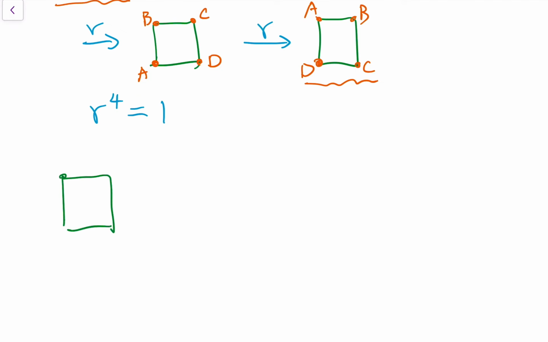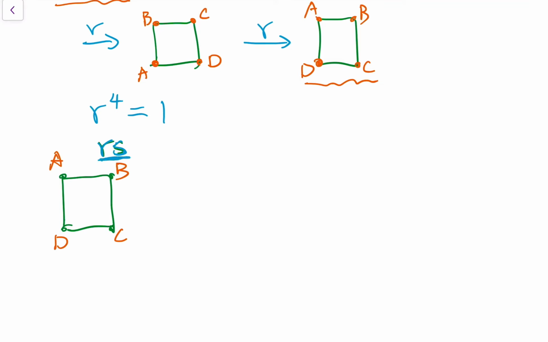So if we do RS, which means we do CD. Okay, so this means we want to apply two operations.